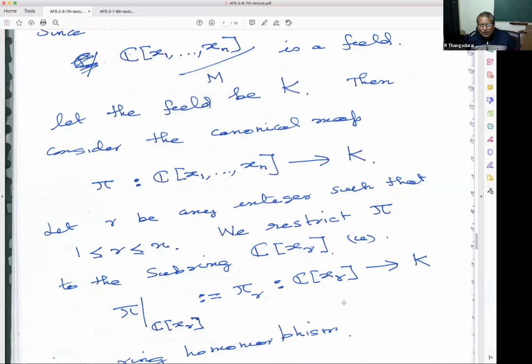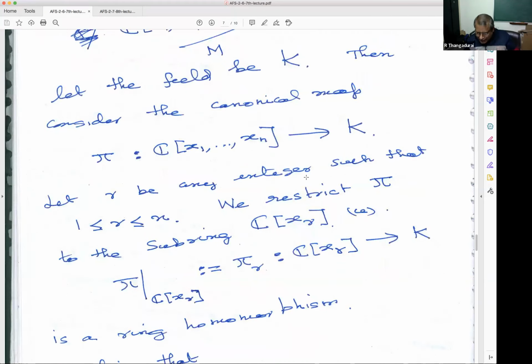For that, we look at the quotient ring modulo this maximal ideal. Therefore, the quotient ring is nothing but the field K, and we look at the canonical homomorphism or projection map pi from the polynomial ring to the field K. Now we restrict this canonical map to the subrings C of x1, C of x2, etc., C of xr.